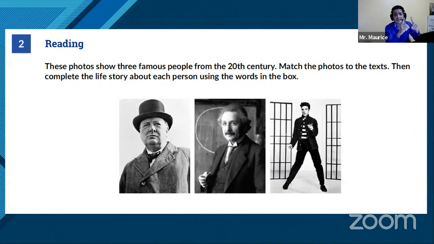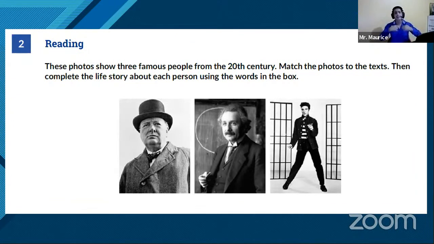Okay, 20th century. I want you to think about these guys. Photo number 1, photo number 2, and photo number 3. Famous people from the 20th century, right? And I want you to use the verb to be in simple past to give me information.